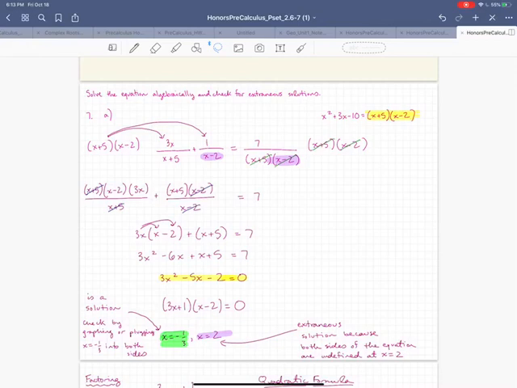And just to reassure you, if the arithmetic is a little finicky, you will have some kind of calculator. If not a graphing calculator, you'll have a TI-30 calculator to use. And depending on the problem, you might also be able to use a graphing calculator to confirm that you have a solution. So that is number 7A.